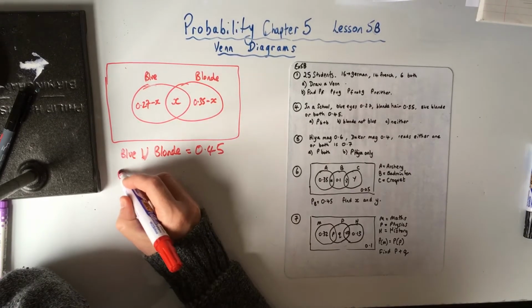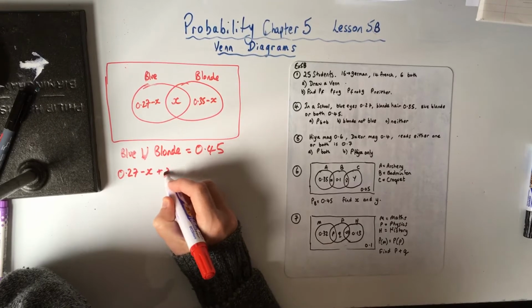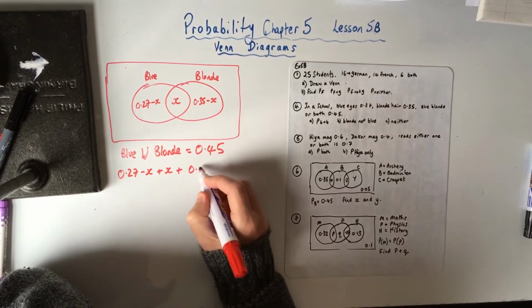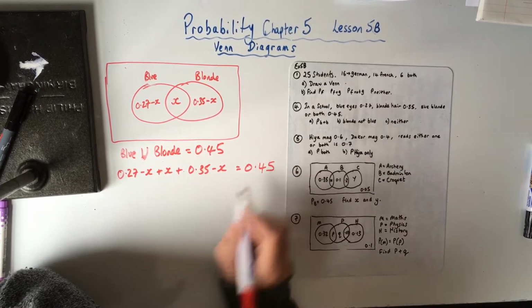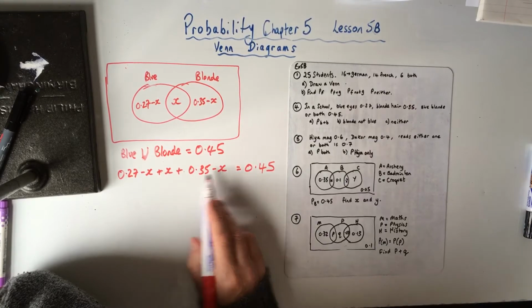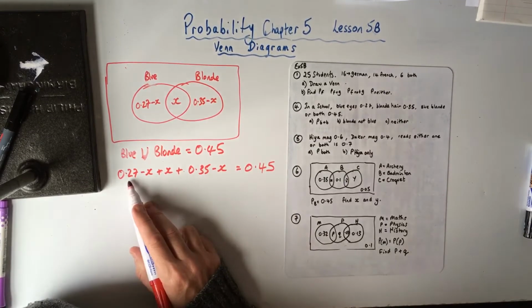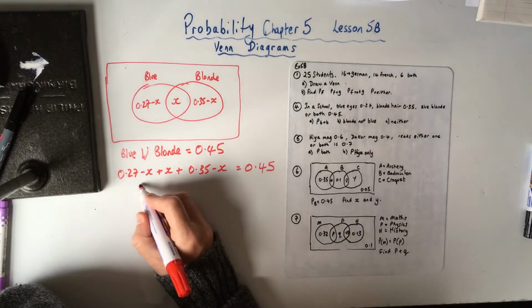So that's your 0.27 minus x plus 0.35 minus x is equal to 0.45. Okay, and your minus x plus minus x, so 0.27 plus 0.35 is 0.62.